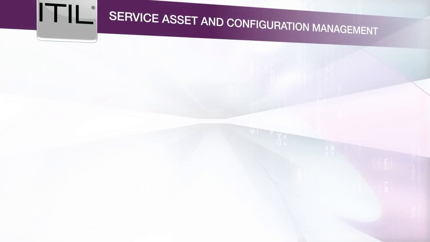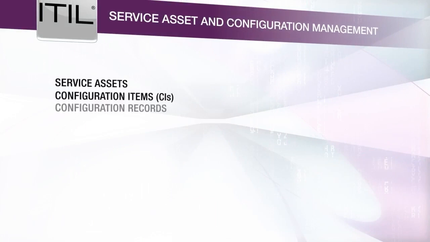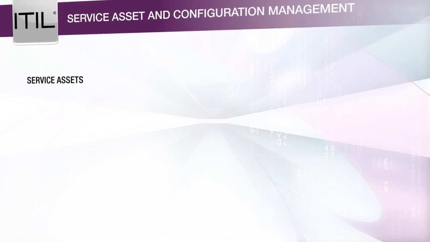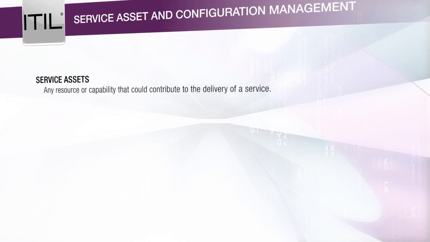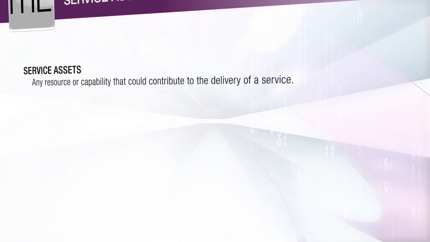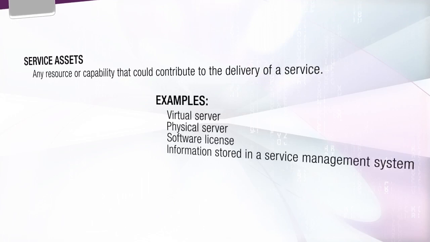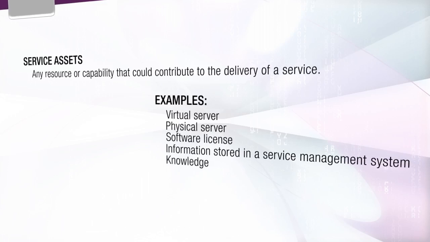It is important to distinguish between service assets, configuration items, and configuration records, as these concepts are often confused. Firstly, a service asset is any resource or capability that could contribute to the delivery of a service. Examples of service assets include a virtual server, a physical server, a software license, a piece of information stored in a service management system, or some knowledge in the head of a senior manager.